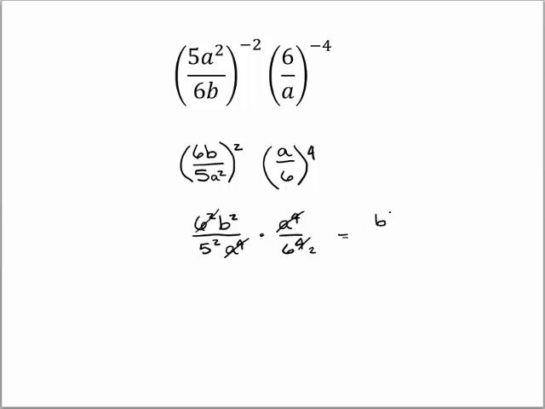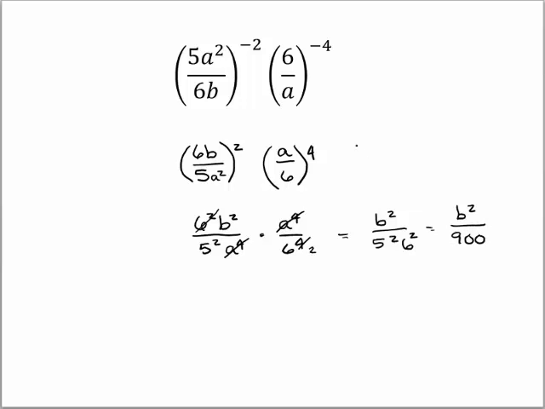We have b squared, and we have 5 squared times 6 squared. All right, that's going to still give us the b squared. We'll probably have to use our calculators here. 5 squared is 25, and 6 squared is 36. We multiply that out, and we end up with 900.